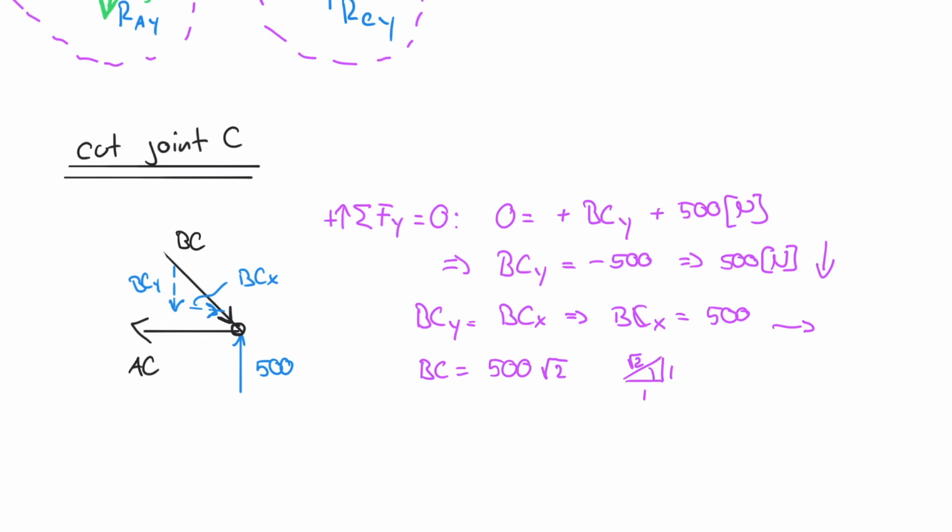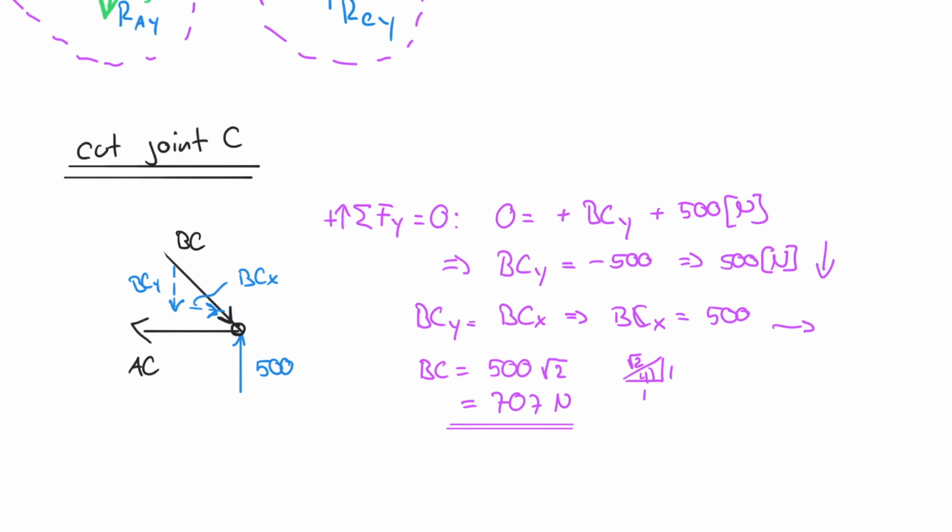That's a 45-degree angle here, for those of you who have never seen that before. But ultimately, that is our result, and that happens to be equal to 707 Newton. So that's actually a result, so I can double underline this. This is my BC.